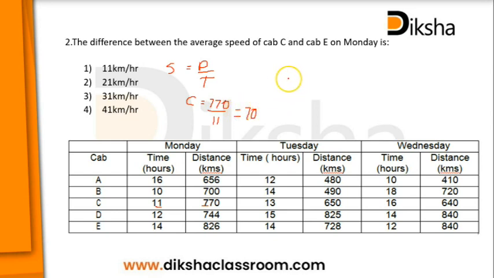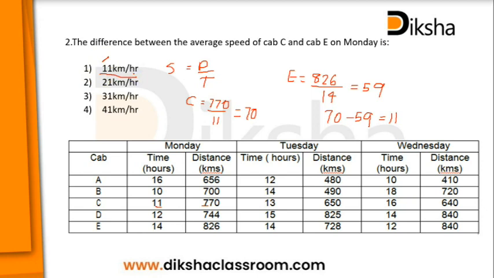On Monday cab E is 826 by 14, which is 59, and the question is what is the difference in the speed, that is 70 minus 59, and that gives you 11 km per hour. Easy one. So the answer is A, 11 km per hour.